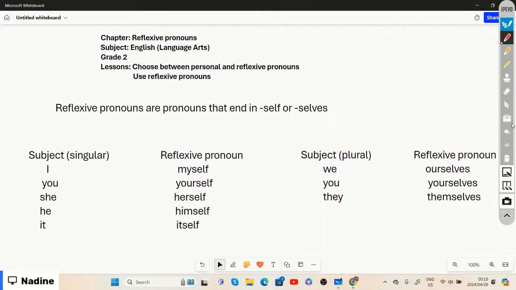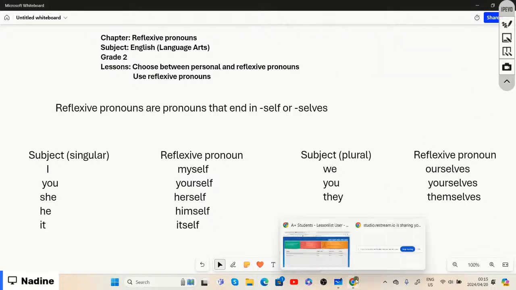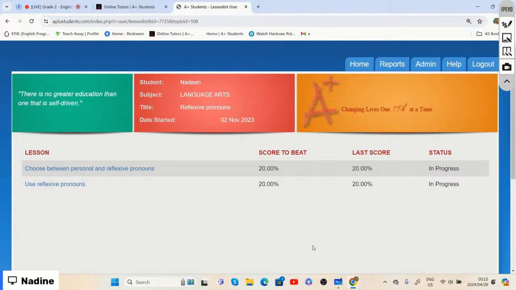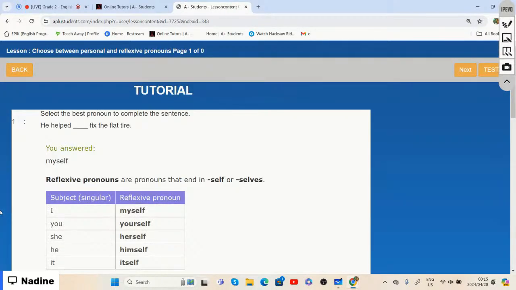All right. So we are now going to go on to aplusstudents.ca, and this is where we are going to do our tutorial lesson. So let's go to aplusstudents.ca and do our first lesson, which is choose between personal and reflexive pronoun.